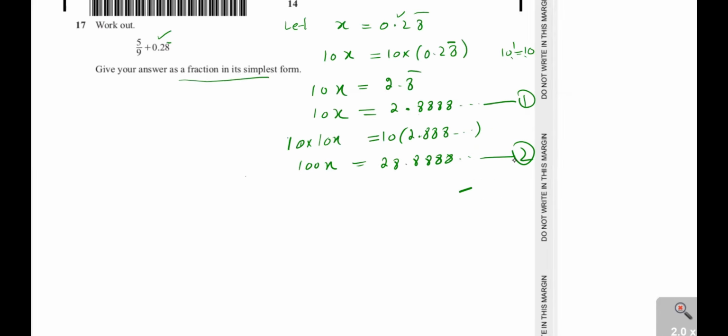We will subtract equation 1 from equation 2.